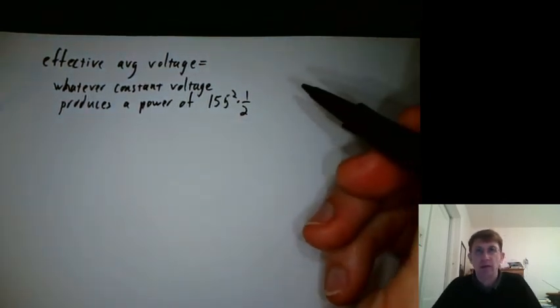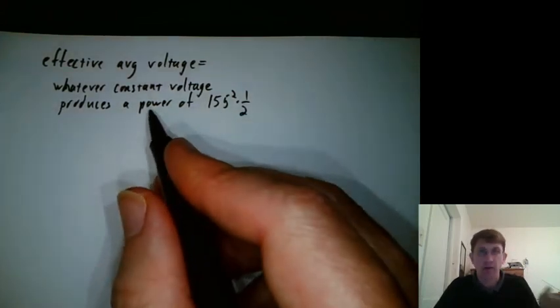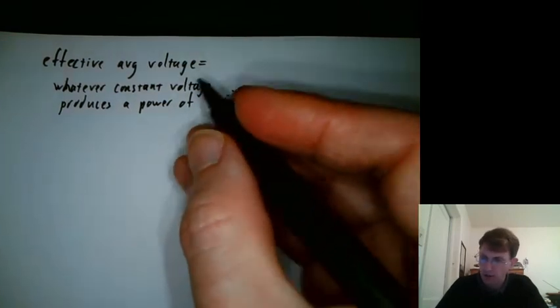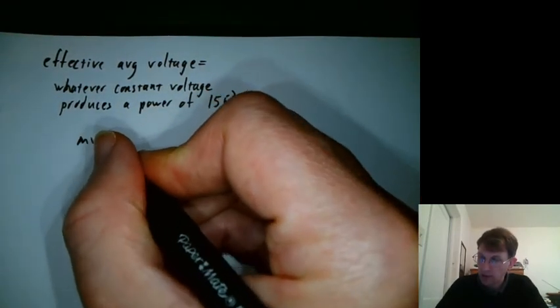So what number, when you square it, squaring because the power is related to the square voltage, gives you 155 squared over 2? Well, it must be the square root of that.